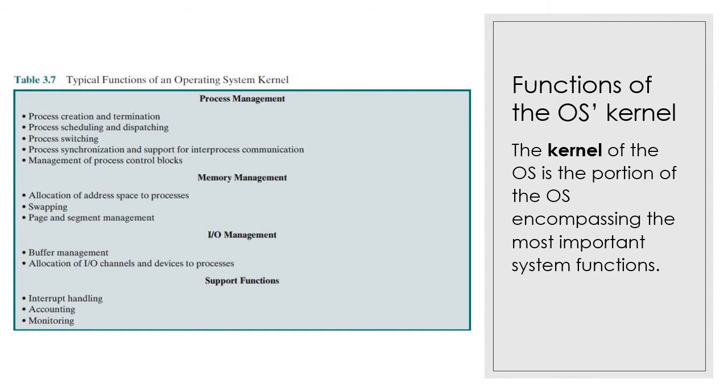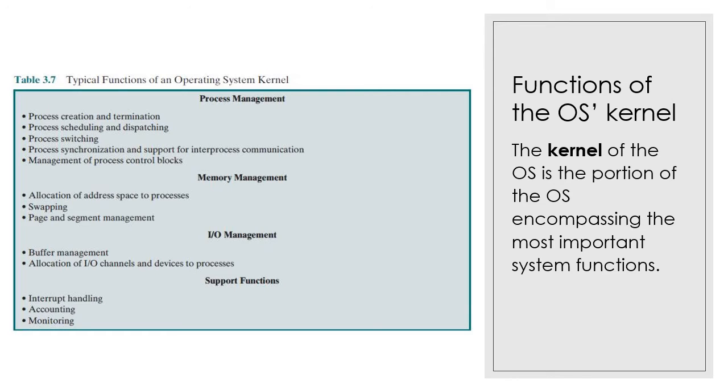Typical functions of an operating system kernel are listed in this table. Process management: process creation and termination, process scheduling and dispatching, process switching, process synchronization and support for inter-process communication, management of process control blocks.